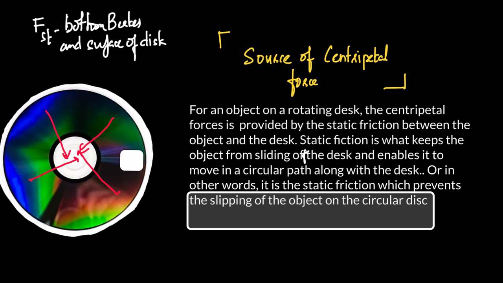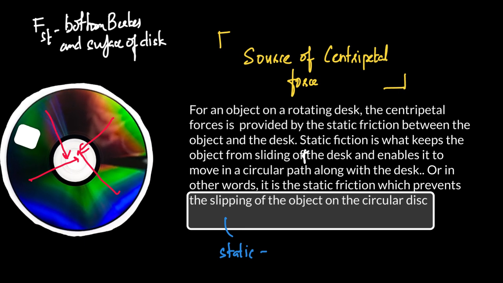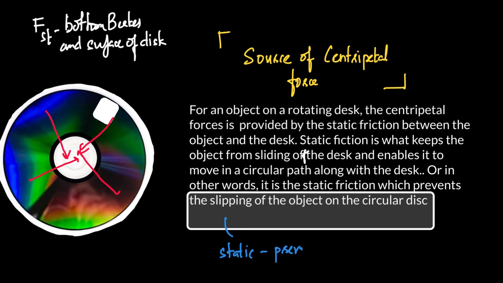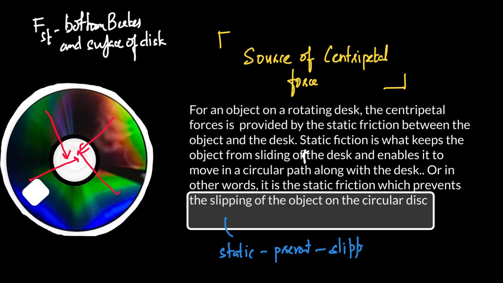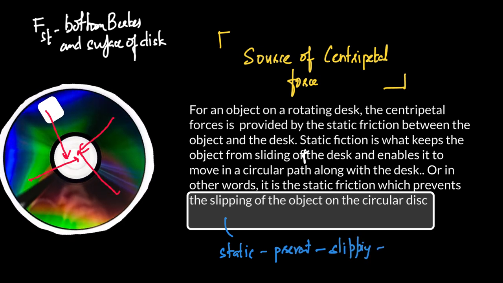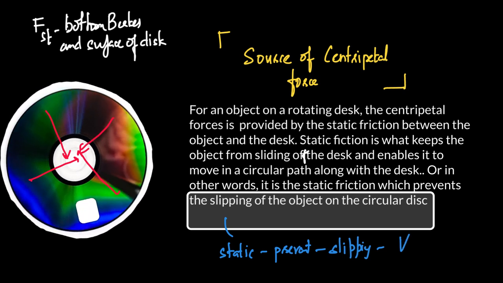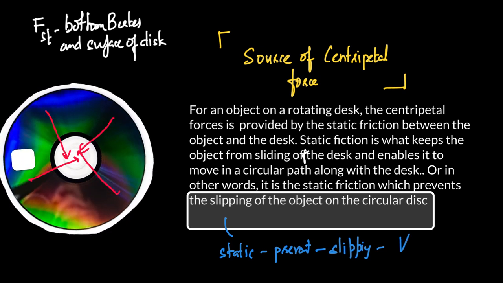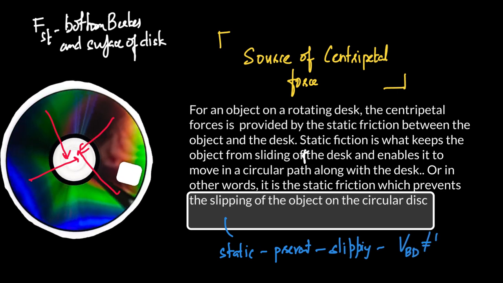What does it mean otherwise? It means that it is static friction, which prevents the slipping. Now what is slipping? Slipping means velocity of beaker with respect to disc should not be equal to 0.